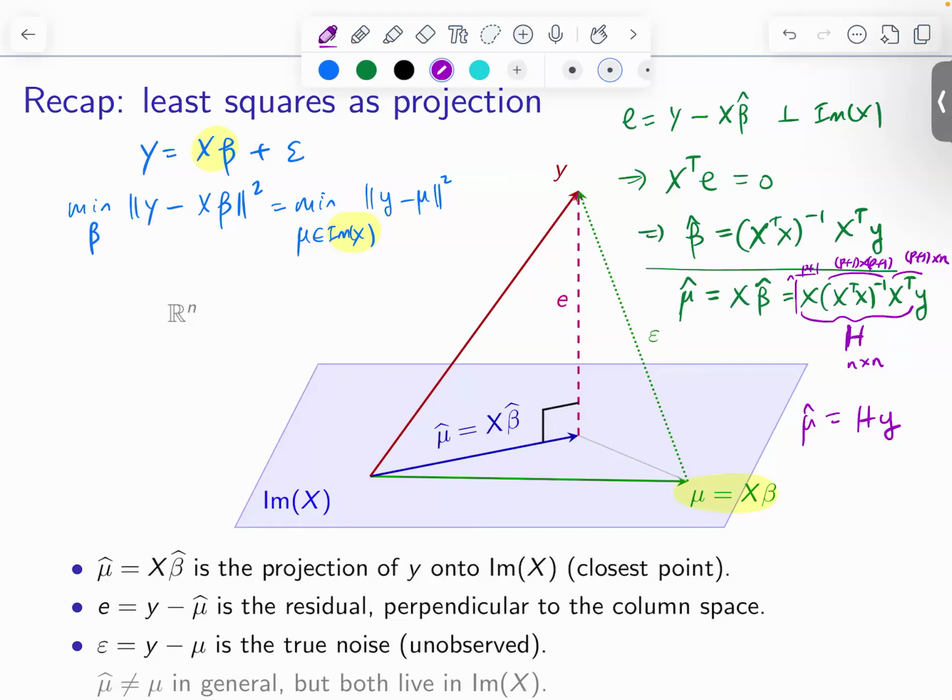So this matrix has properties. In particular, it's a symmetric matrix. If you just transpose the expression, you get the same thing because the middle matrix is symmetric. And it's idempotent. Okay. What does idempotent mean?